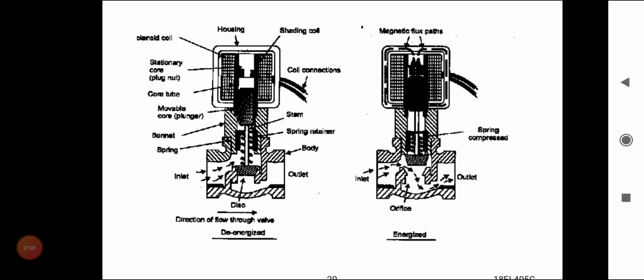Magnetic flux paths compress the spring, opening the seating area of the valve. The liquids flowing in the pipeline can be controlled with the solenoidal valves.